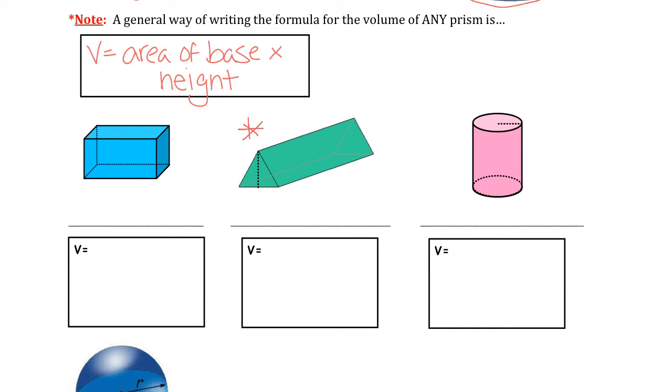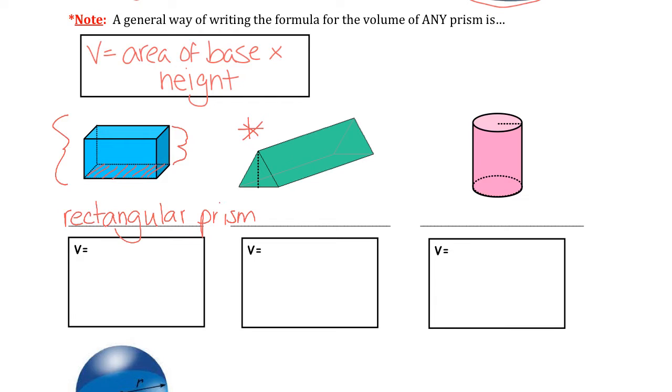Let's start with the one that we've seen many times before. This is our rectangular prism, which basically just means that our base is a rectangle. Just as I described above, when we find volume, we find the area of the base, and I think of it as kind of like filling it up.